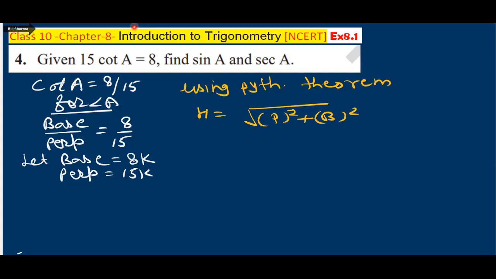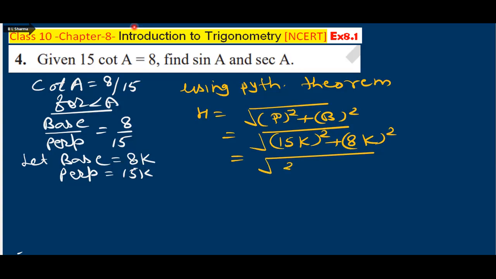hypotenuse square is equal to perpendicular square plus base square. We can say that the square of the longest side, meaning the hypotenuse, is equal to the sum of the squares of the remaining two sides. That is (15k) whole square plus (8k) whole square. 15 squared is 225k square plus 64k square.